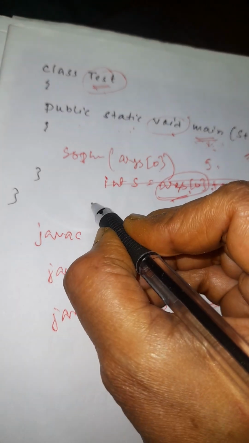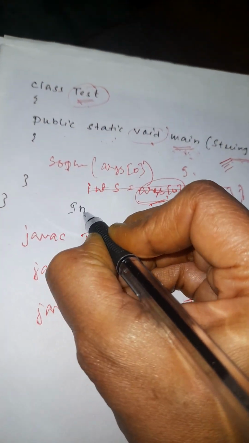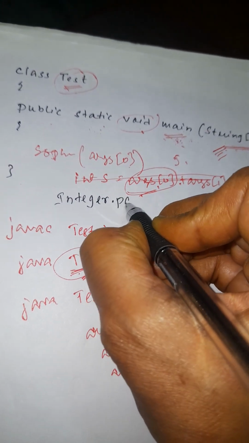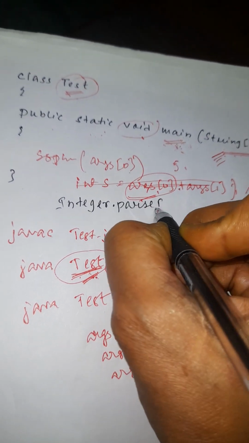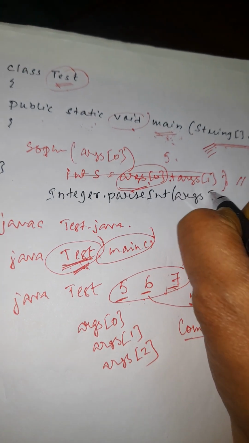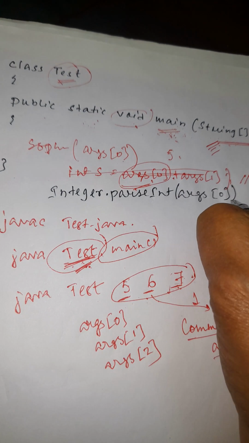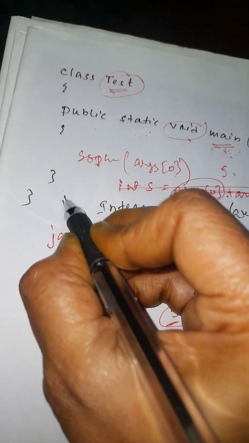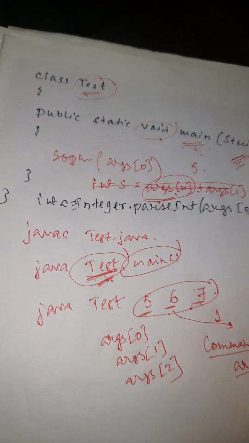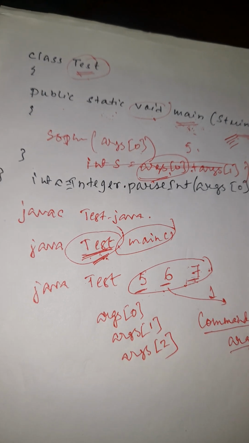How can you convert it? We have one function for that: Integer.parseInt. Clear? This is one method. Then you pass your value, that is args[0], and maybe you store it in one variable, integer a equal to Integer.parseInt(args[0]). Like this you can convert it.